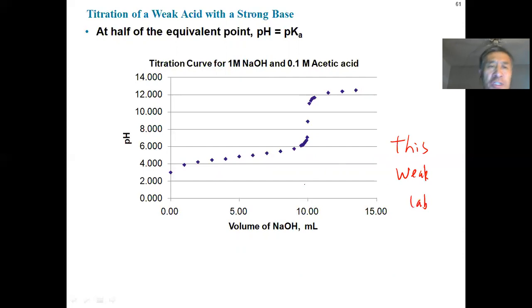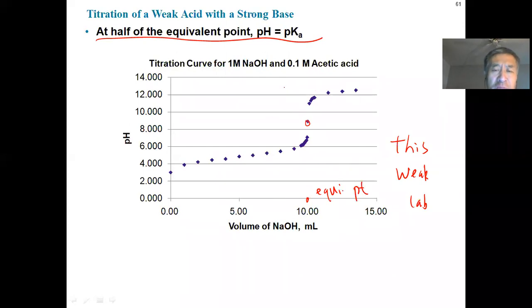So what this statement tells you is, if you have a titration pH curve like that, you identify what the equivalence point is. In this example, 10 is our equivalence point. So this statement refers to the pH at the half equivalence point. 10 is the equivalence point, and half of 10 is 5.